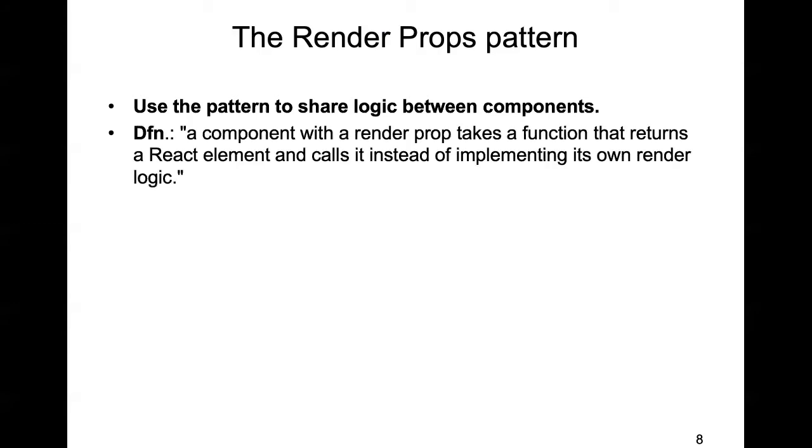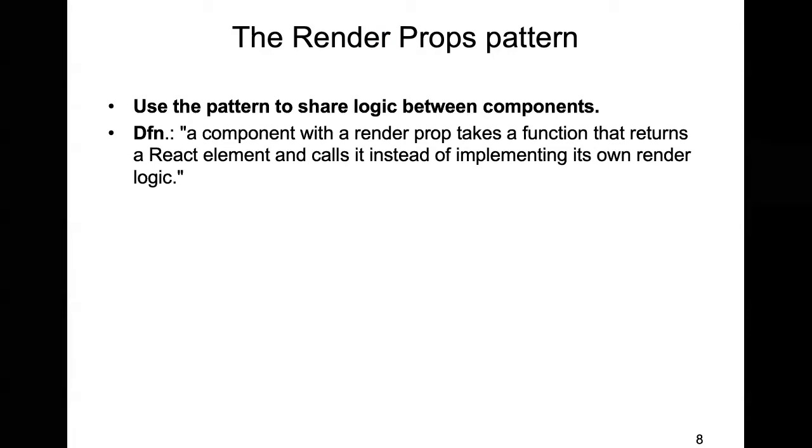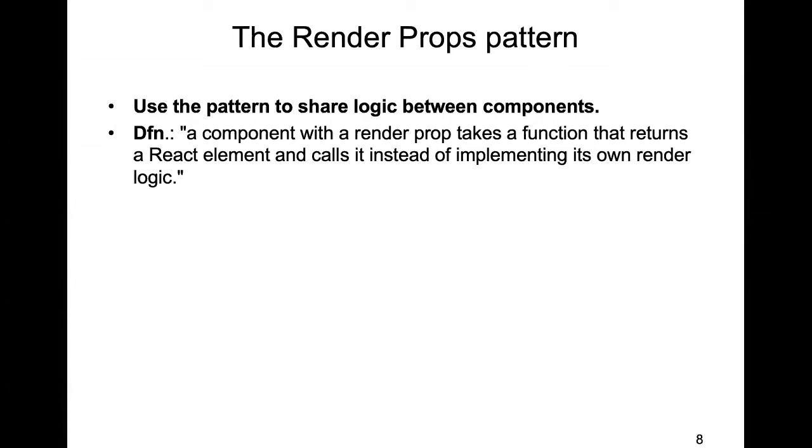A definition usually doesn't make a whole lot of sense until you see examples, but what is meant by a render prop? We know what a prop is. What distinguishes a render prop from any other prop? If I backtrack a little, what I said initially when I talked about props was that props are the way you pass data from parent to child. But later on, I said that you can assign a function to a prop.